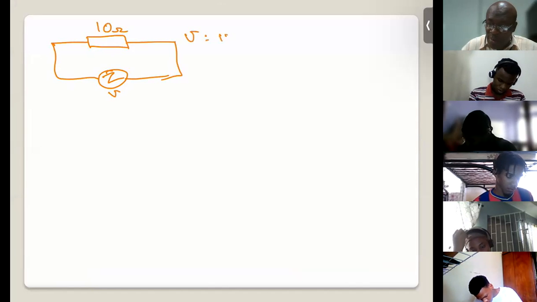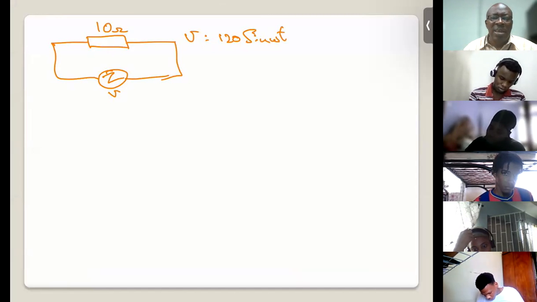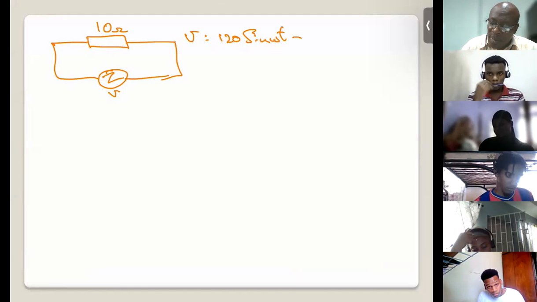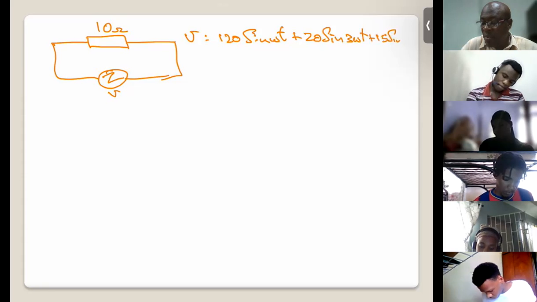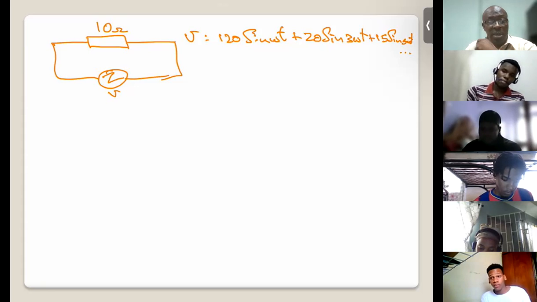V is equal to 120 sine omega t plus 20 sine 3 omega t plus 15 sine 5 omega t plus, and we go on. Okay, back to you, Mr. Alexander.